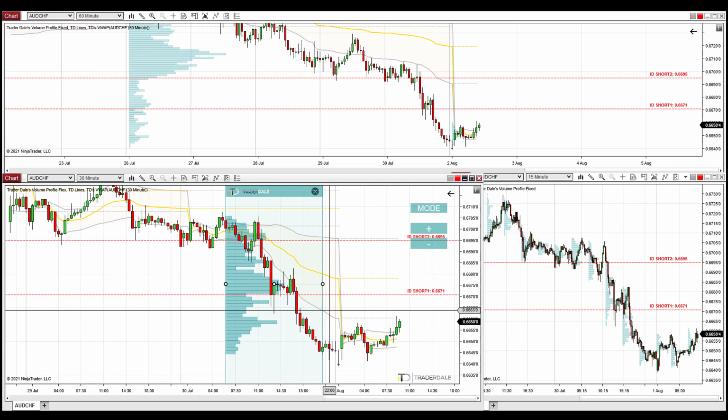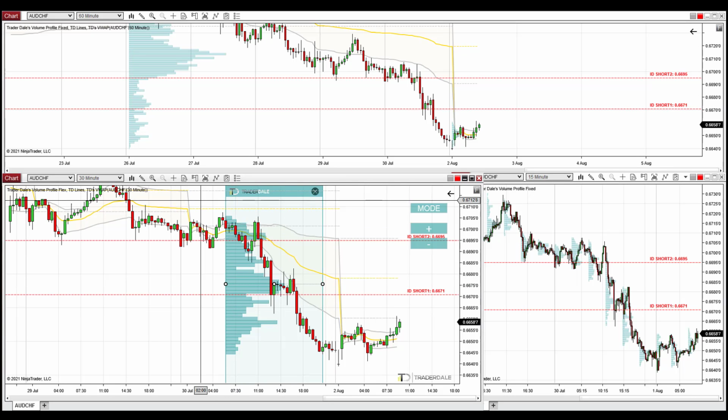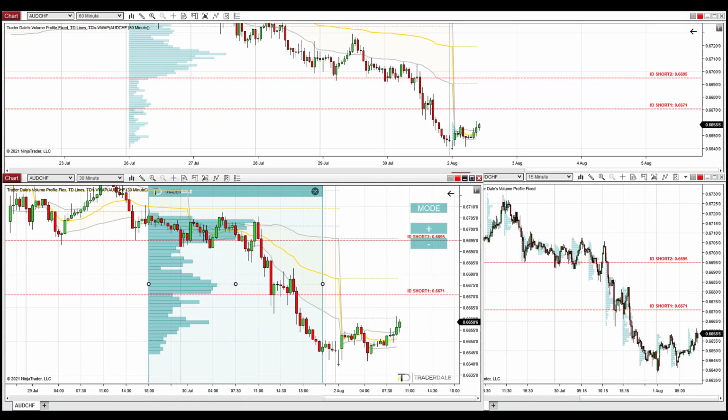And the second one, this is a resistance which got formed in here at 0.6695, and what happened in here was that there was a heavy volume area created in this rotation, and that rotation took place before the sell-off.